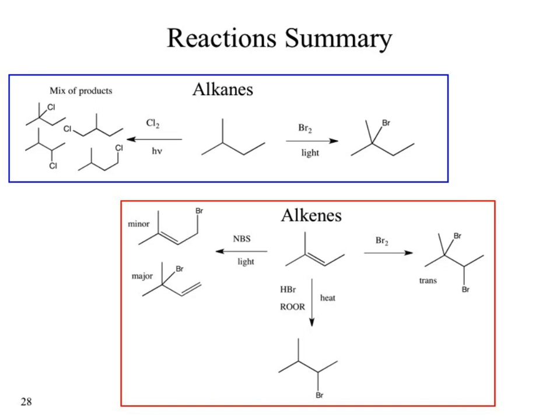What do I expect? There's my HBr and there's my ROOR. What changed? I think I expect least substituted. You're saying the bromine goes to the least substituted side. What went to the most substituted? Hydrogen. We are adding HBr across the pi bond, but we're adding it in the opposite direction we would typically expect.